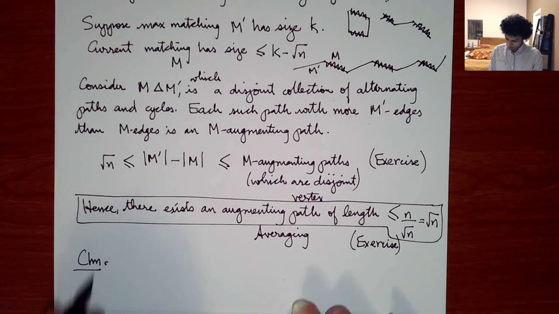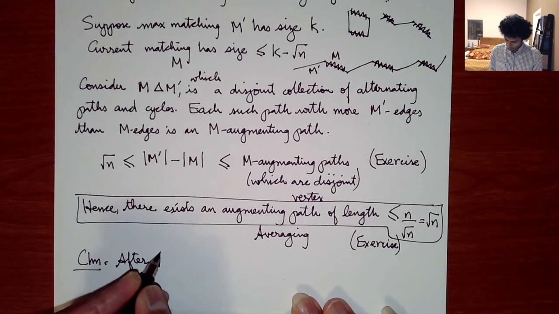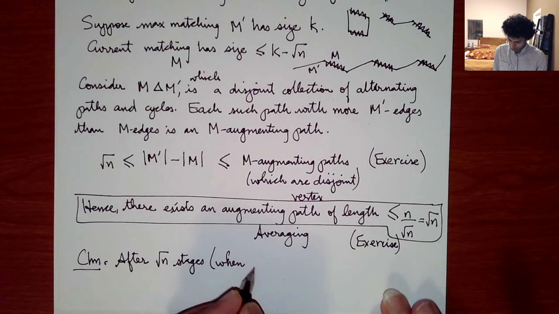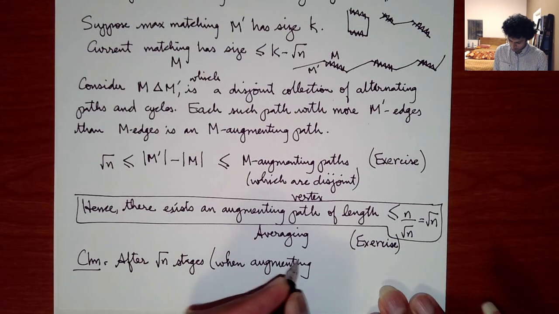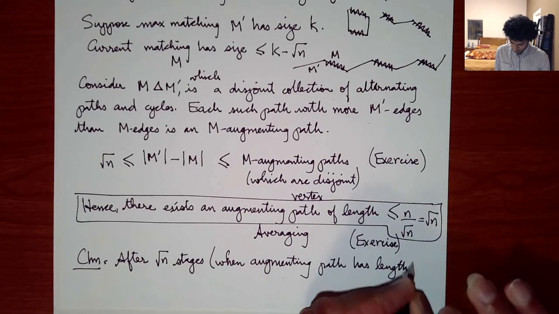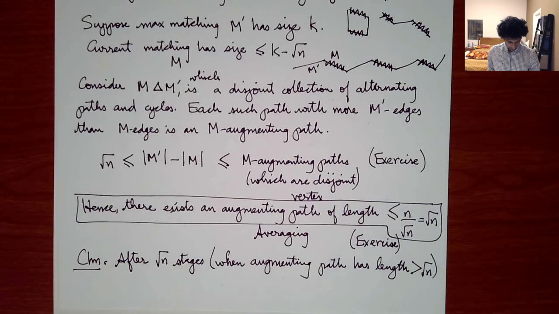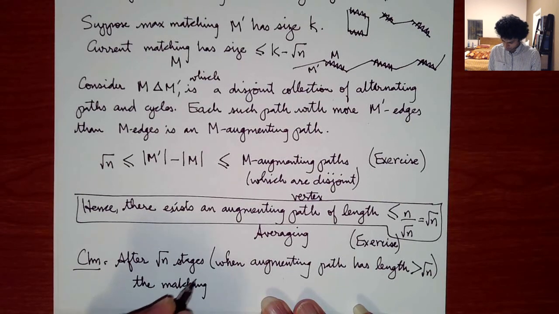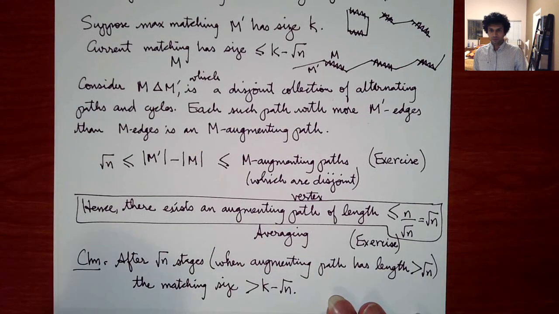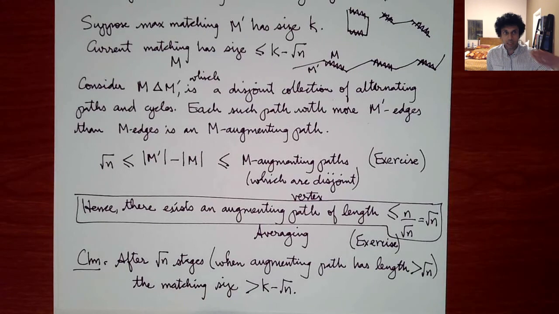And that gives me the claim that after root n stages, when the augmenting path has length at least root n, the matching size is at least k minus root n. It means after root n stages, we're very close to the maximum. We're at most root n away from the maximum.